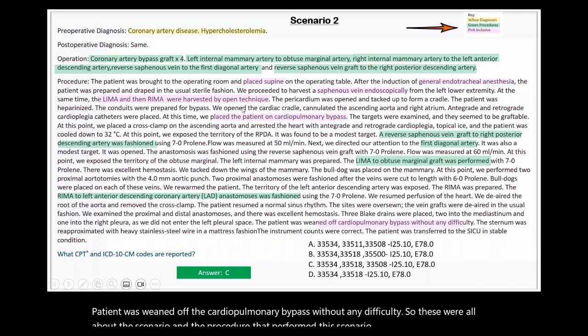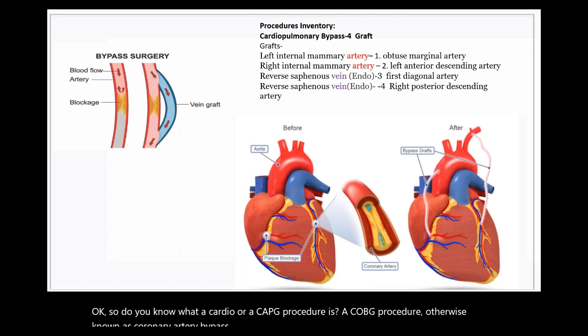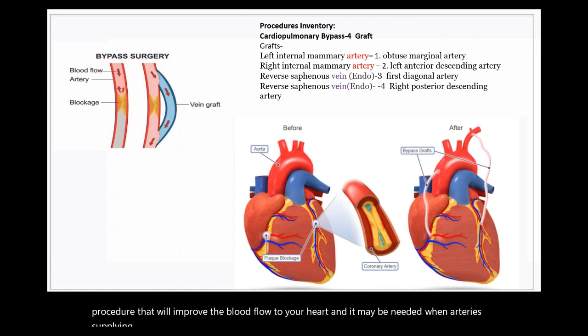Do you know what a CABG procedure is? A CABG procedure, otherwise known as coronary artery bypass grafting, is called heart bypass surgery. It is a medical procedure that will improve the blood flow to your heart, and it may be needed when arteries supplying the blood to the heart, known as coronary arteries, are narrowed or blocked.